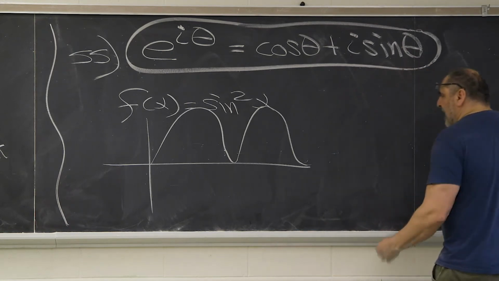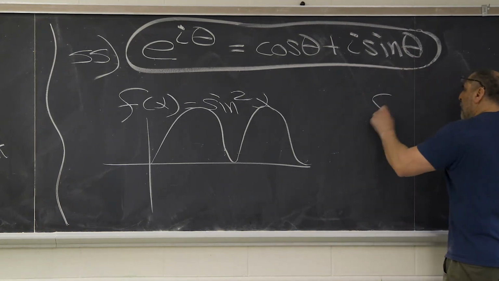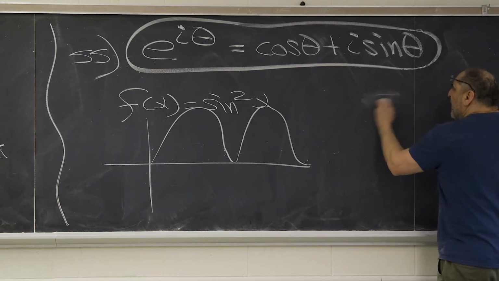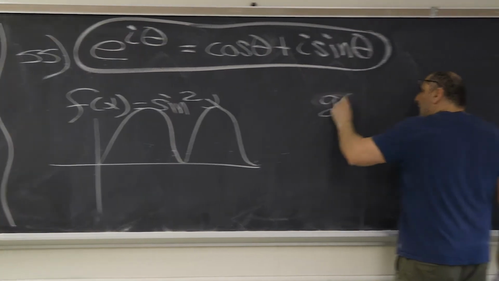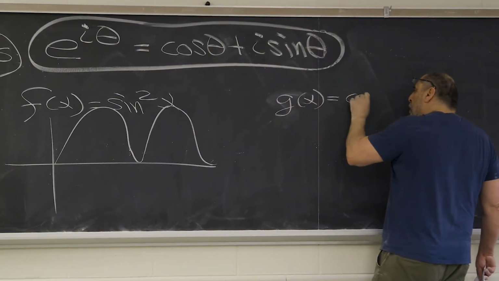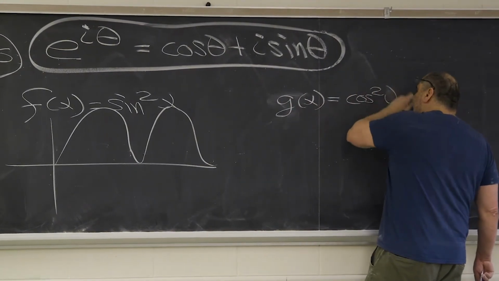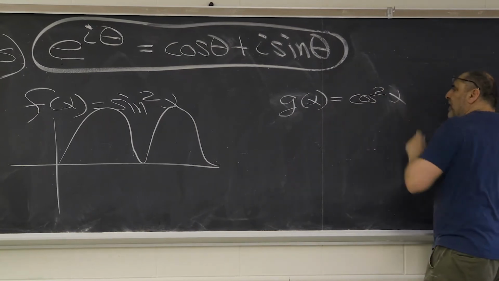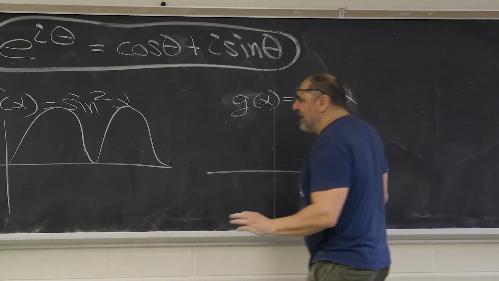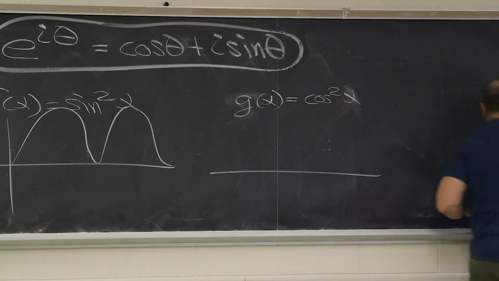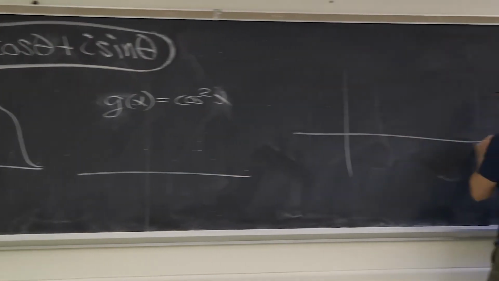The crazy thing is, if you were to do that with the cosine, what if you squared the cosine function? Well, the cosine function's got a little different look. I mean, the cosine function, it does and it doesn't. What am I talking about?